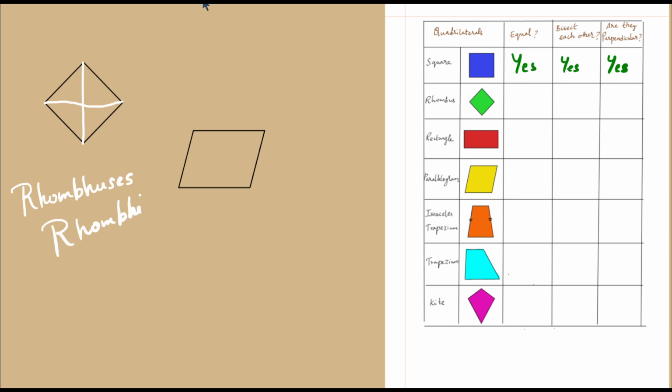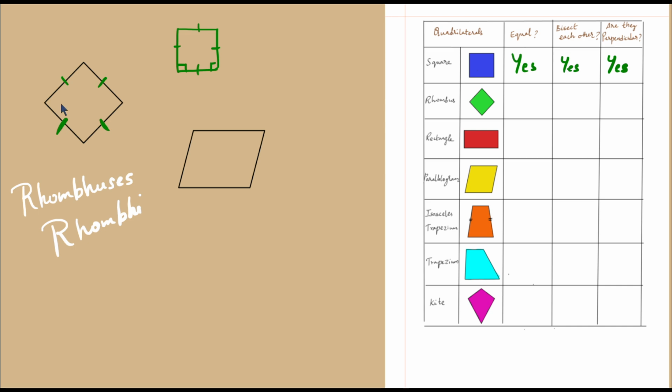So let's take a little knowledge about what a rhombus is first. It is a quadrilateral, a four-sided figure where all sides are equal. All four sides are equal to one another, but it's different from a square, as in a square you would have all angles also equal to 90 degrees each.